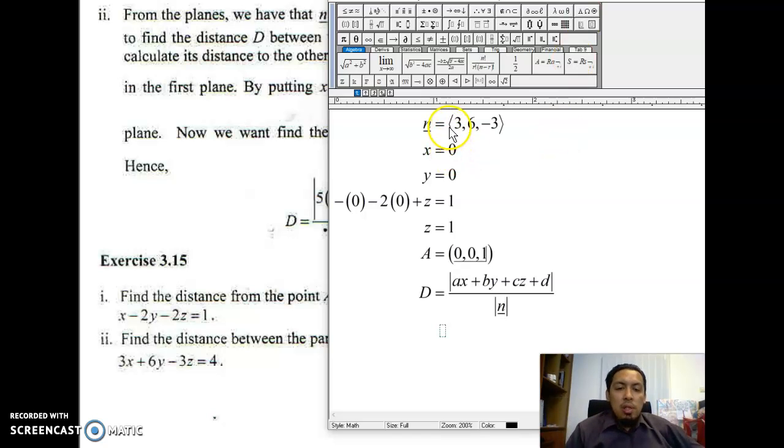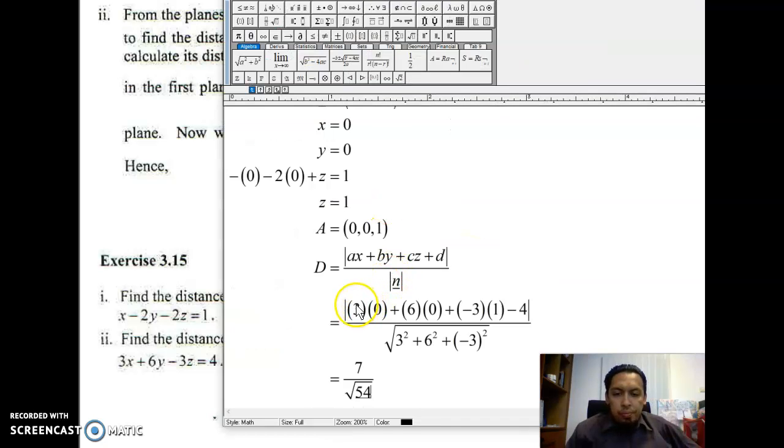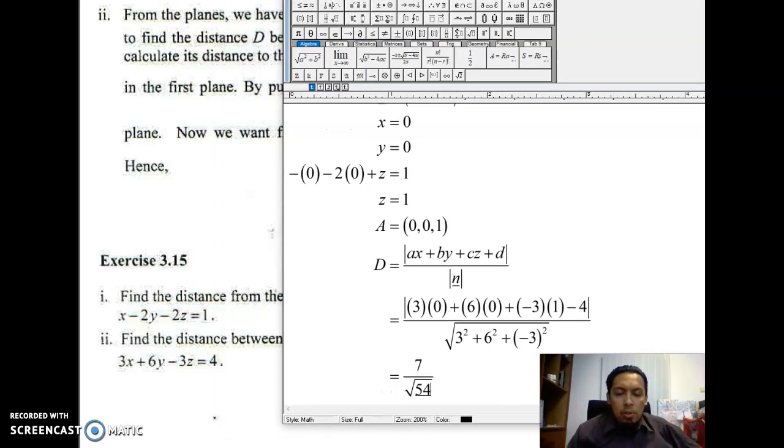So the next thing is to just compute d using the information that we have. So we have A, B, C here, 3, 6, -3, and the point is 0, 0, 1. And for D, notice that I'm using -4, because we are comparing the point here with the plane on this one, which is 3, 6, -3.